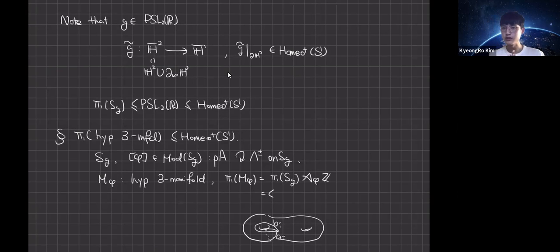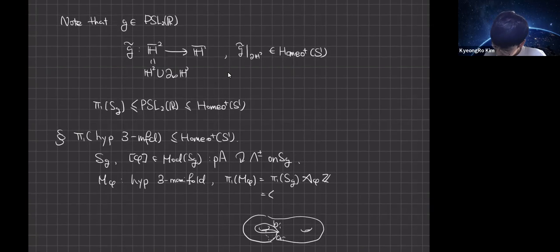There are g pairs of ai and bi: a1, b1, up to ag, bg, where g is the genus of the surface.